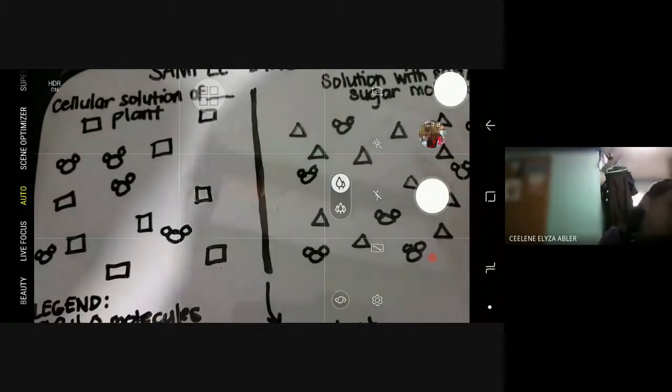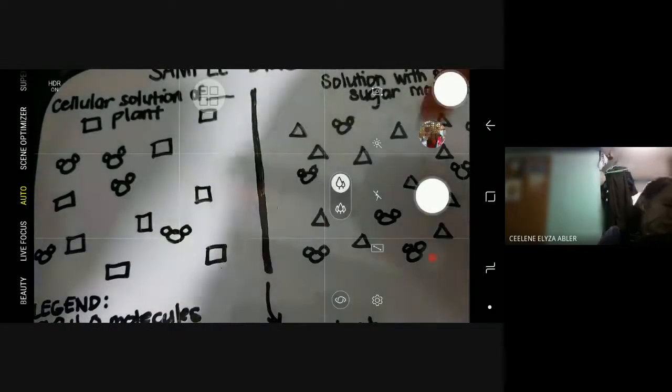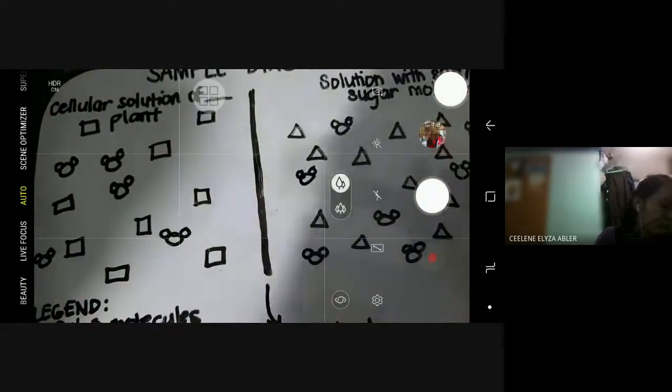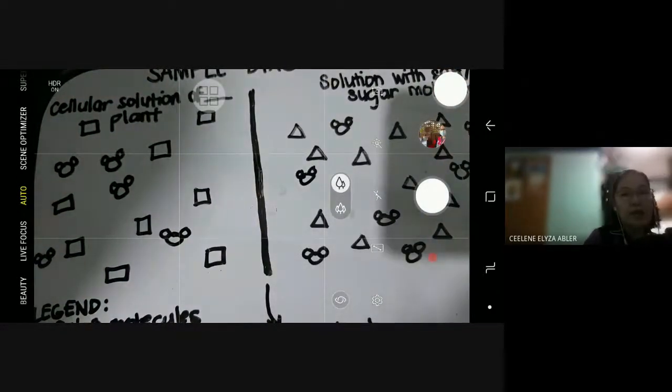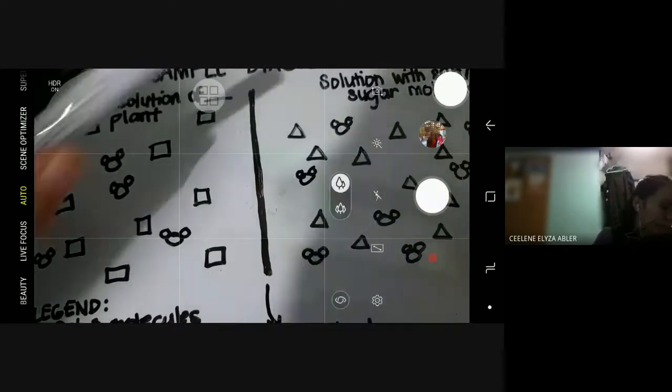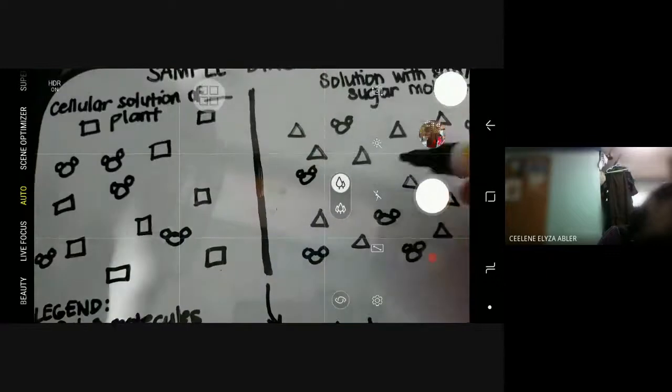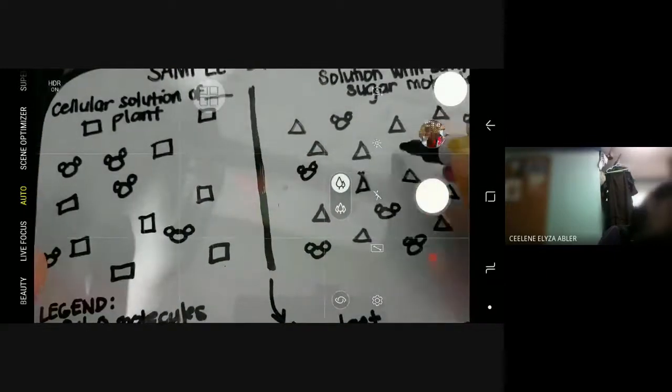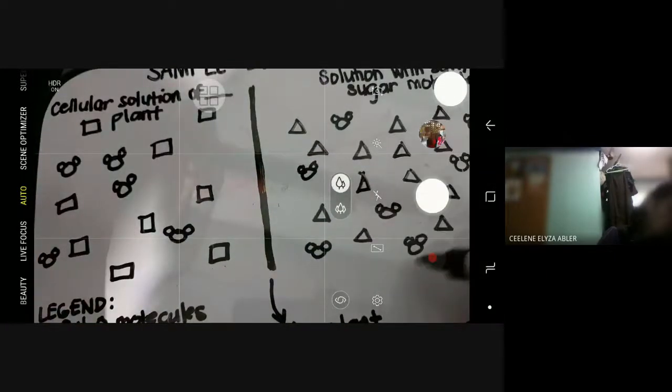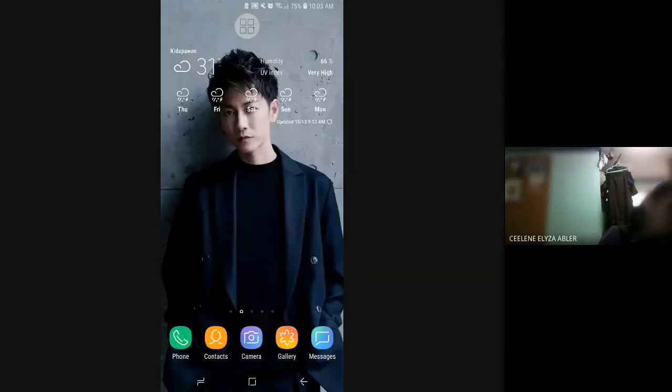Okay, compared to this solution, this is highly concentrated. Okay, compare natin, meron tayo yung mas marami, halimbawa damihan ko yung sugar molecules here, damihan ko ang sugar molecules.